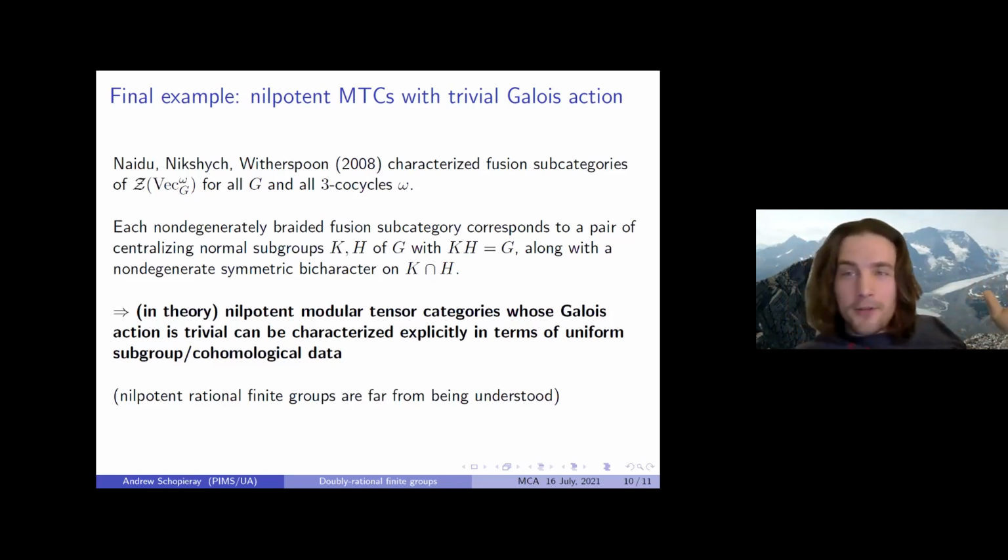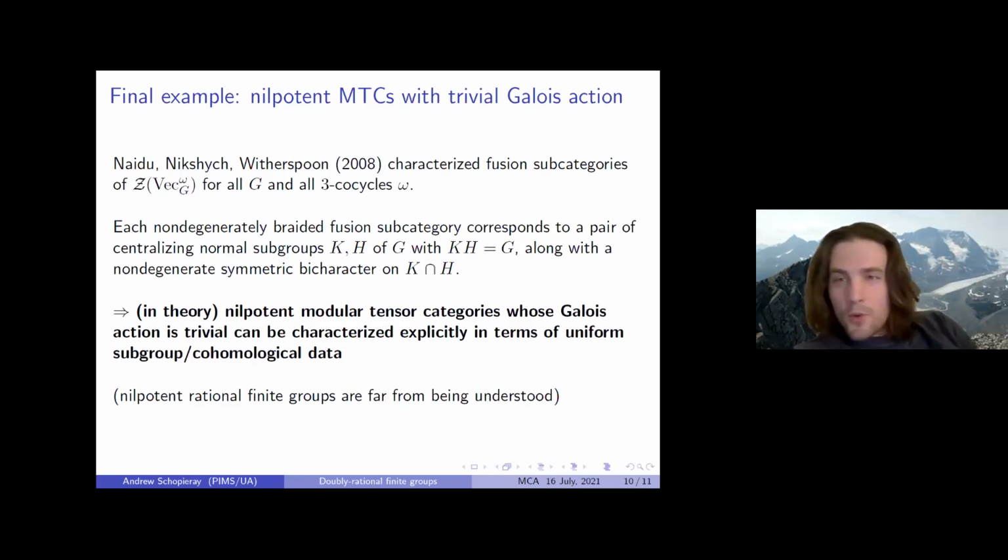And so even if we are able to write some abstract nonsense characterization of these modular tensor categories with trivial Galois action in terms of nilpotent rational finite groups, then really we're just comparing two things that we don't understand, but we know that they're sort of the same in some way. So this categorical question hopefully will eventually shine some light on these classical problems, but it's far from being understood.